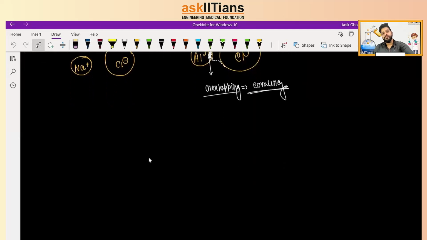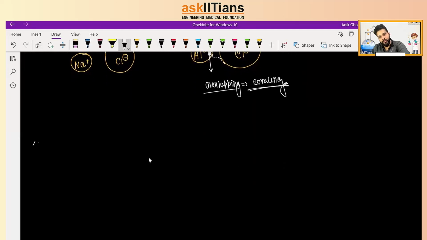Now, the third conceptual topic and the last conceptual topic is characteristics of oxides. In the characteristics of the oxides, what we are trying to understand over here is, let's say I have a metallic oxide.